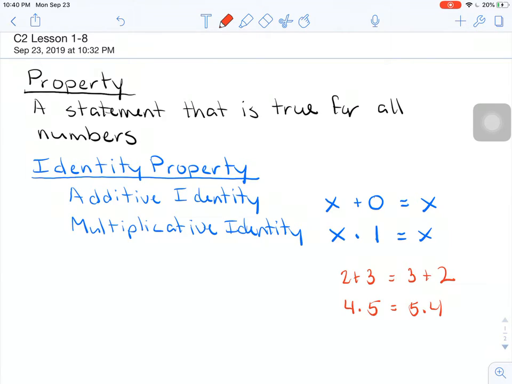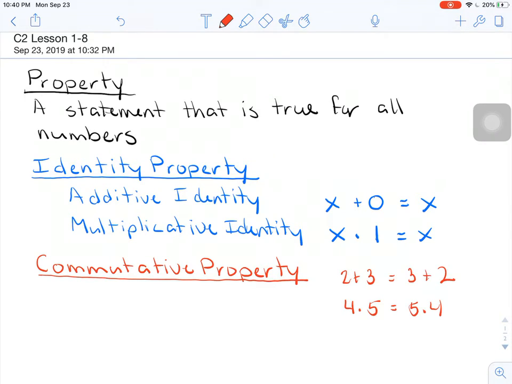There is a property that says that. The property that says that it does not matter what order you add or multiply two numbers in is called the commutative property. Again, this property is something that you've probably used informally before, but now we're going back and we're giving it a name.